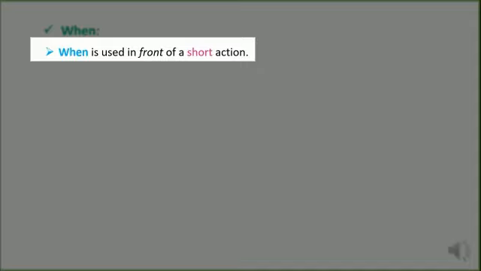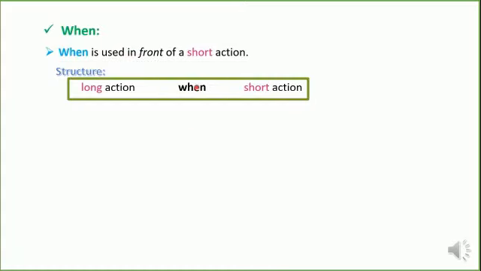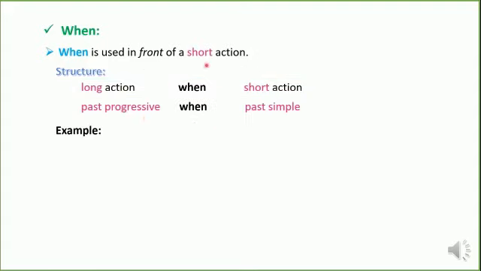Now, when we use the conjunction when in front of a short action, the structure is here. The conjunction when connects two actions, both in the past. By the short action I mean the action that interrupted the long one, and it should be in the simple past. The action that happened first, the long one, should be in the past progressive tense.